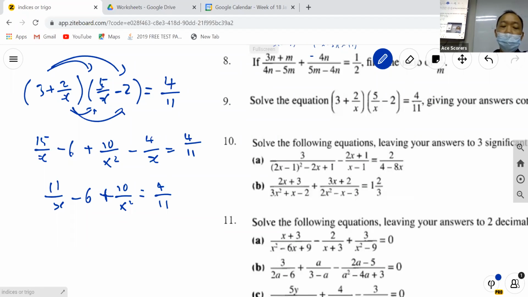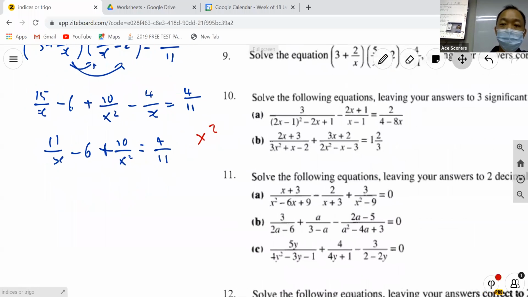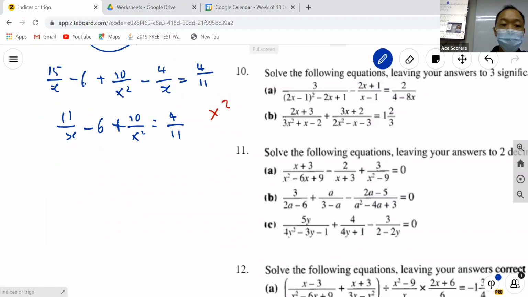Okay, so once you reach this stage, it looks so weird. What can we do? You can multiply the whole thing by x squared. So when you multiply by x squared, everything times x squared, you get 11x minus 6x squared plus 10 equals 11x.